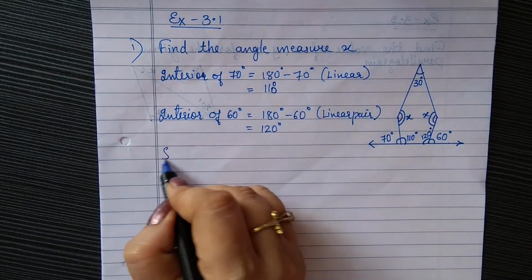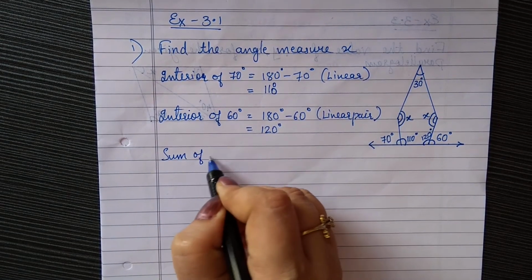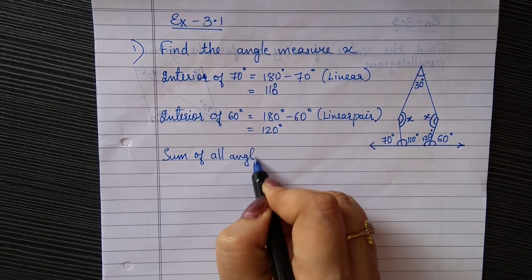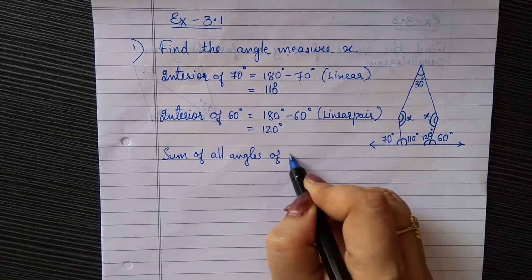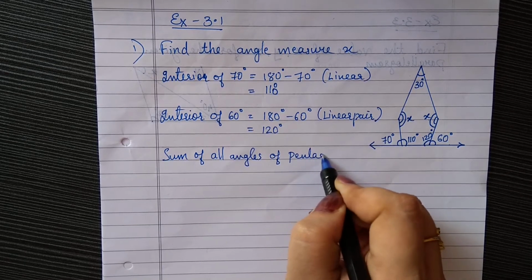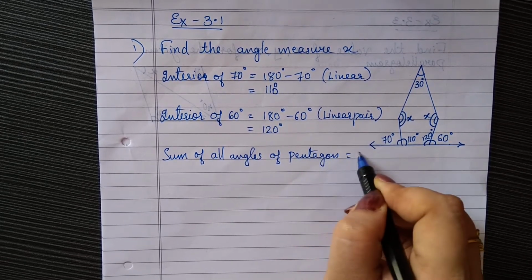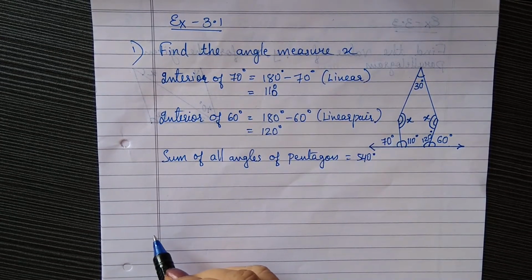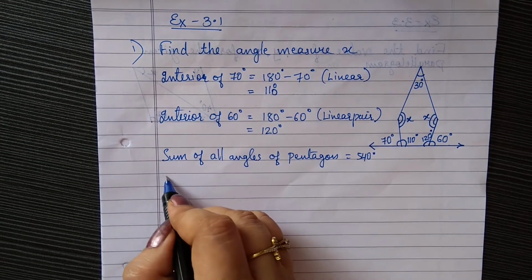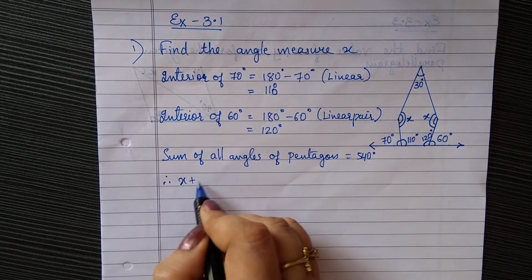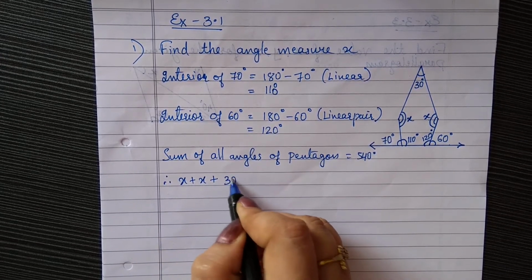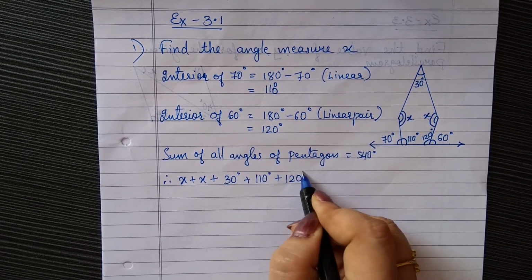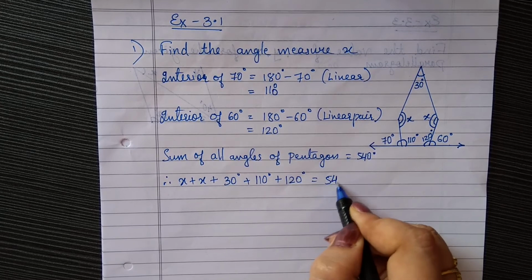Okay, so the sum of all the angles of a pentagon is always 540-degree. Sum of the measure of all the angles of a pentagon is 540-degree. Therefore, 2x plus 30-degree plus 110-degree plus 120-degree will be equal to 540-degree.